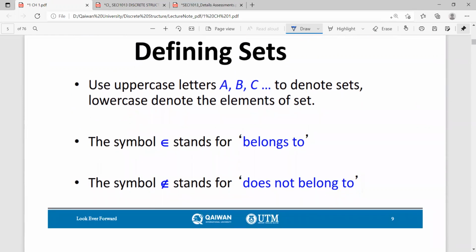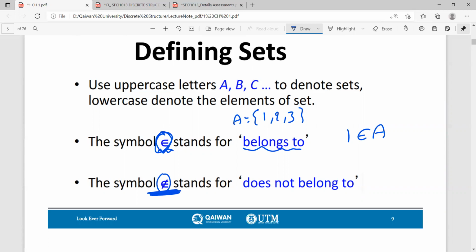And here we have these two symbols, this and that. This symbol stands for belongs to. If an element belongs to a set, we say the element, then this sign, and then the set. For example, if we have A to be 1, 2, 3, here we say 1 belongs to A. And this symbol is used for doesn't belong to a set.